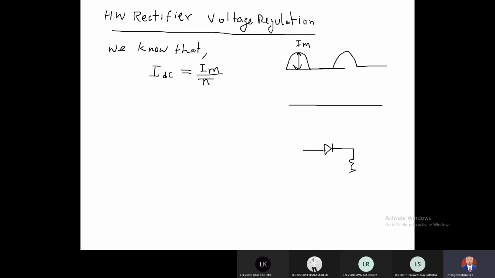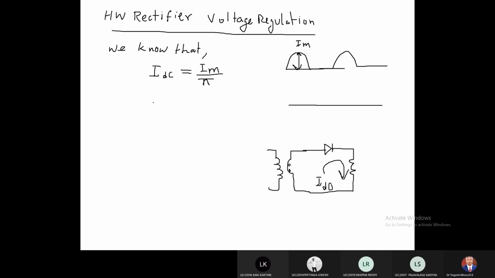Here we have connected some load, right? So this IDC is the DC current which is flowing through this, and this is given by Im by pi.